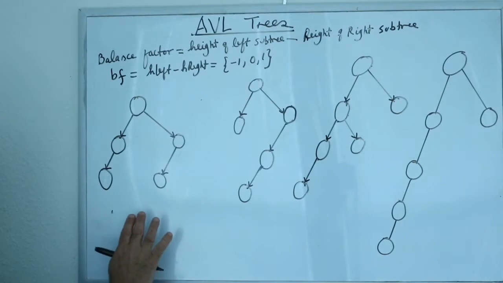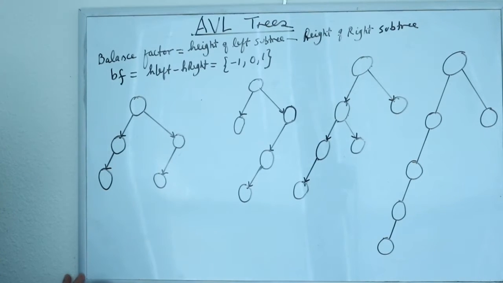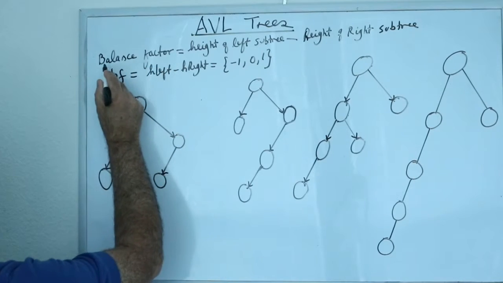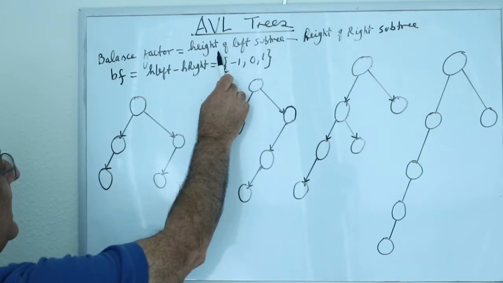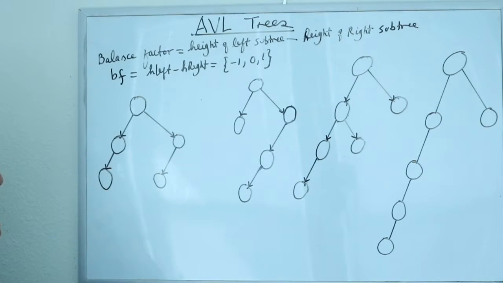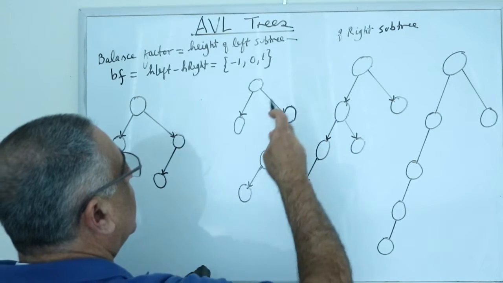I want to go through these trees and see which ones are balanced, and I'm going to include what is known as a balance factor. The way the balance factor works is that you take the height of the left subtree and subtract the height of the right subtree.